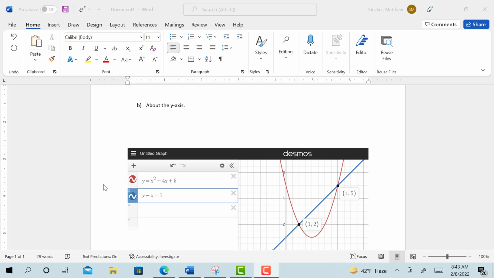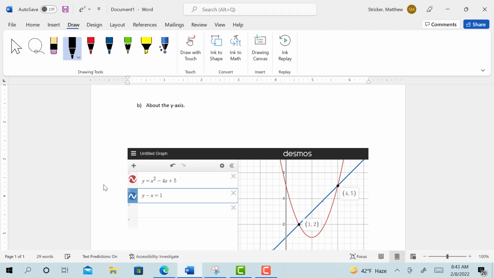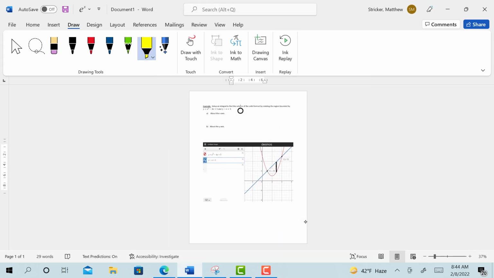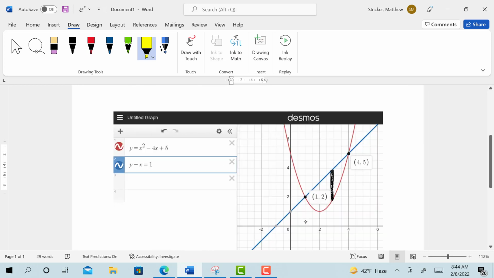Hopefully you've done enough of these that you can recognize the difference. This is definitely one where we want a vertical representative rectangle, so I'll draw that in here. Here's our region, and with that rectangle we can see that the blue curve is always on top of this region and the yellow curve is always on the bottom.